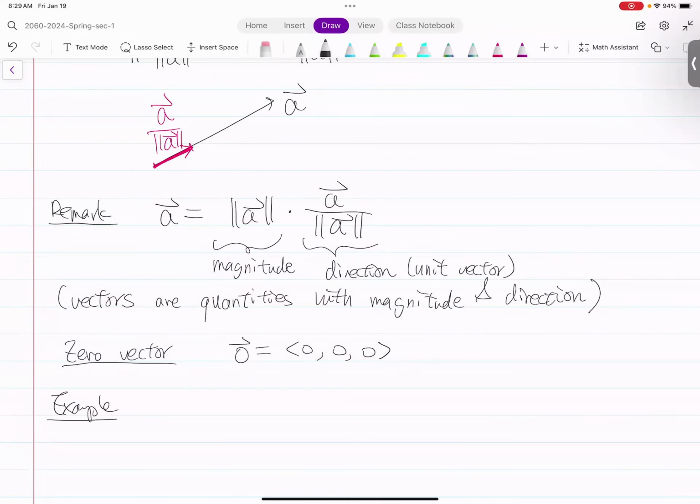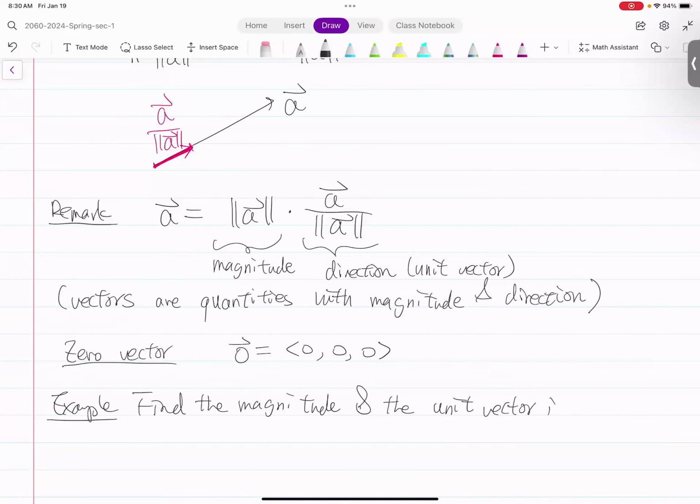So, find the magnitude and the unit vector in the direction of the vector 2i minus j minus 2k.